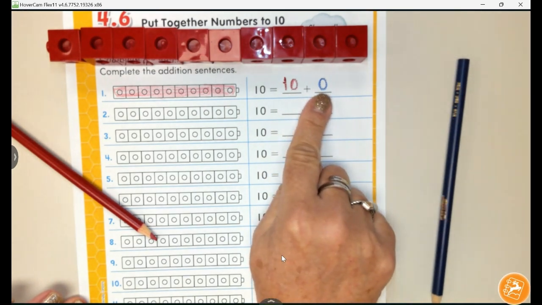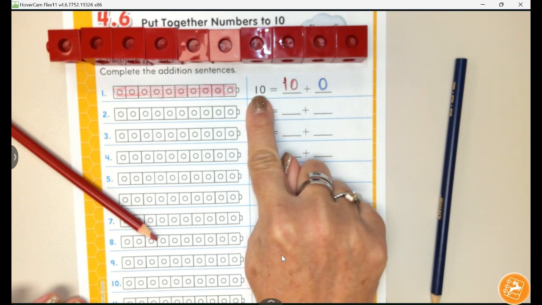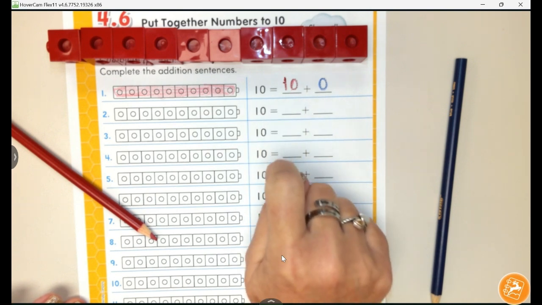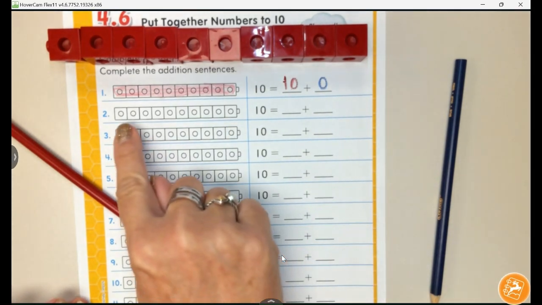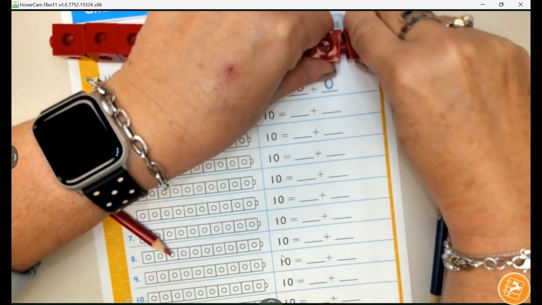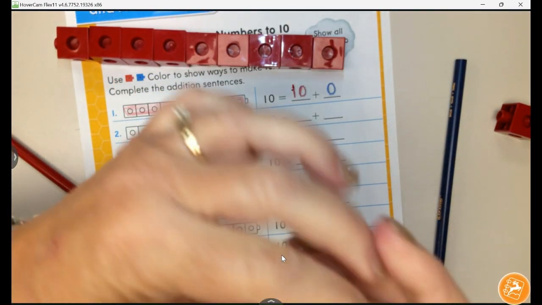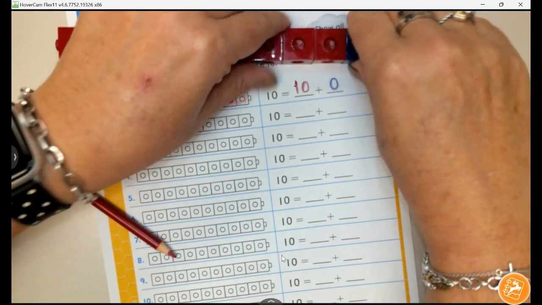Recognizing this fact with adding 0 is very, very important. We have to recognize 0 as a number and recognize that when we add 0, we do not change the sum. All right, for my next one, I'm going to take off one of the red linking cubes, and I'm going to add on a blue one.